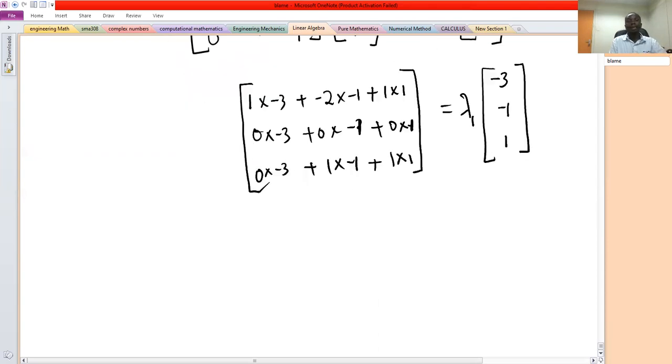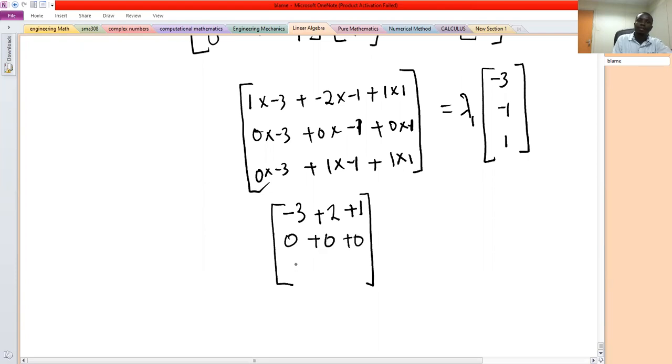Now, this will give us minus 3 plus 2 plus 1, 0 plus 0 plus 0, 0 plus minus 1 plus 1 equals lambda 1 times minus 3, minus 1, 1.